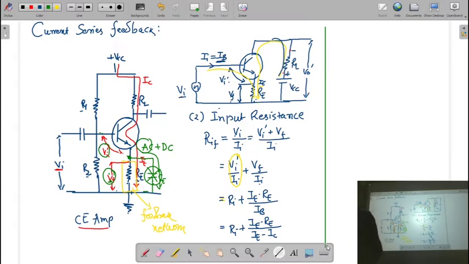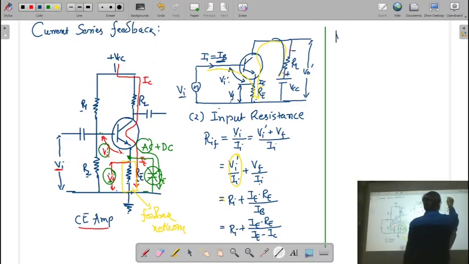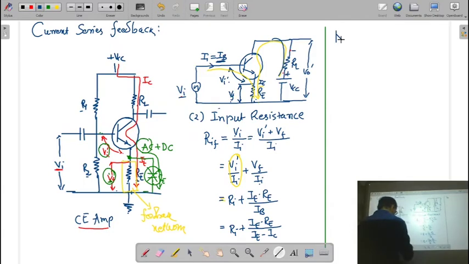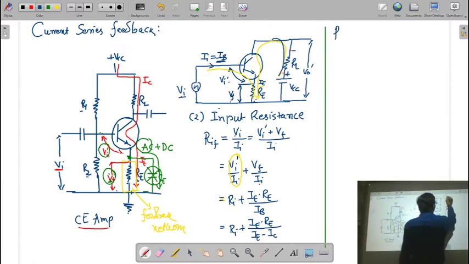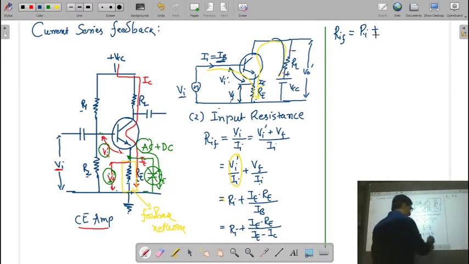Therefore the RIF, my input resistance, I can write as RI plus IE RE divided by IE minus IC.